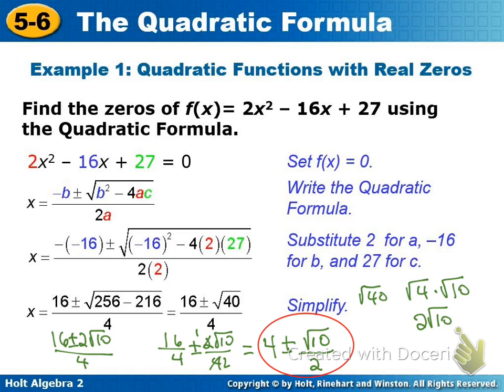And remember, if you look on your simplified radicals, that one can be simplified more. So we came over here and broke that into the 4 and 10. And then the 2 came out, 10 stayed in. Then bring that back in with your B and your 2A down here. And then when you're looking at that, you can see that you will do some simplifying. It's easier if you split them up and do it that way.